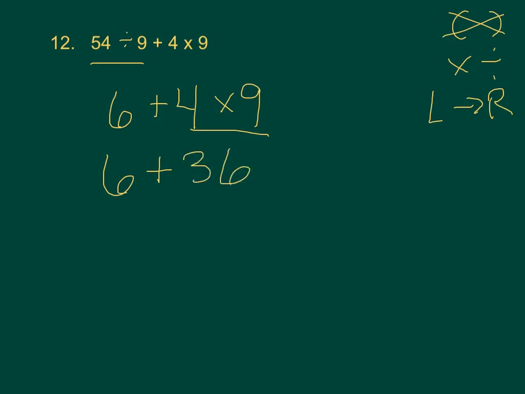And now I'm down to, geez, probably first, maybe second grade math, right? 36 plus 6. I can count up, and I get 42. And it doesn't get any simpler than that. The trick is to remember the order of operations. Otherwise, mayhem occurs.